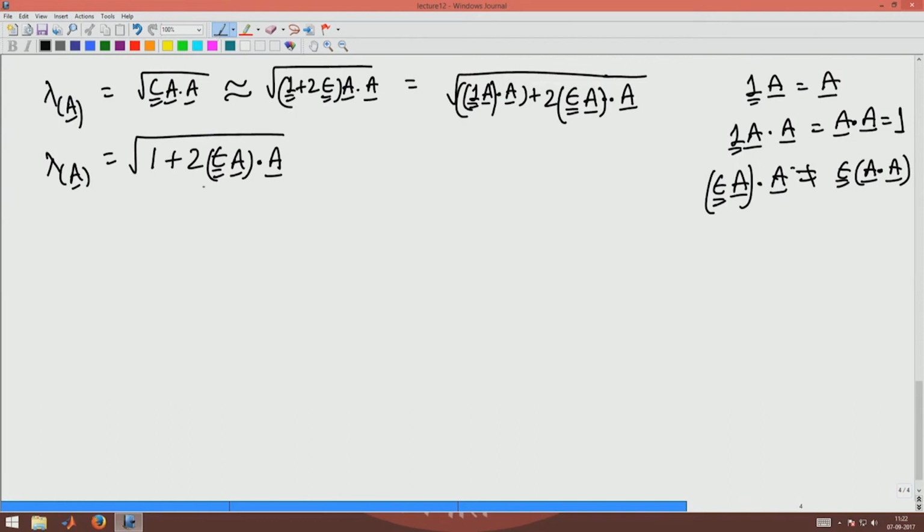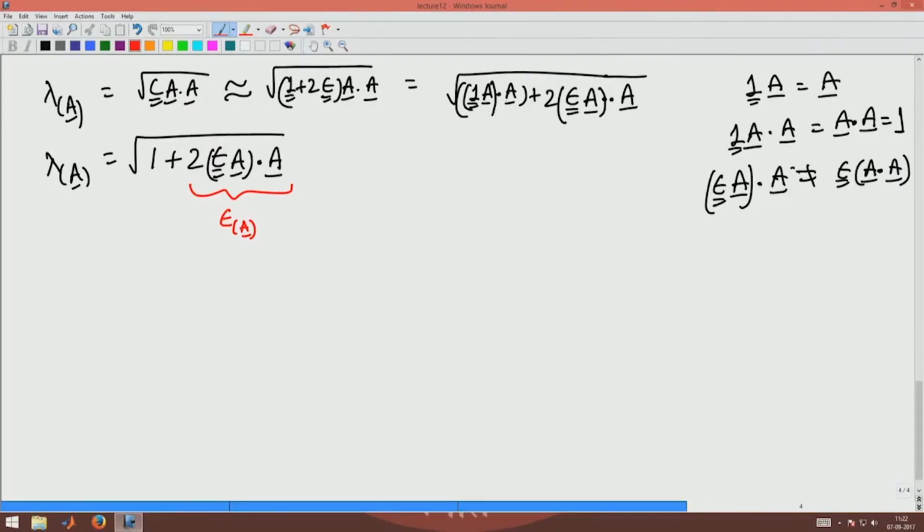Now, this entire thing is a scalar, let us call it epsilon of A. If the order of H was of the order 10 power minus 3, then what will be epsilon?